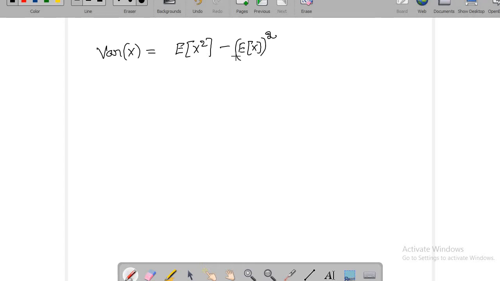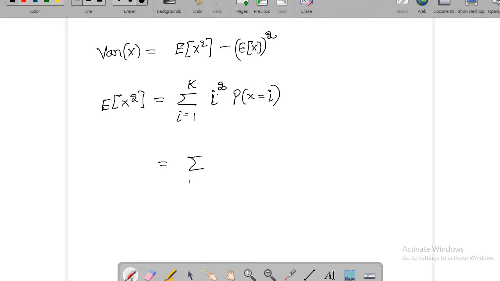You know what is expected value of x, so it is enough to calculate expected value of x square. Let us try to do that. So as per the formula, this is summation i equal to 1 to k, i square into probability that x is equal to i, isn't it?